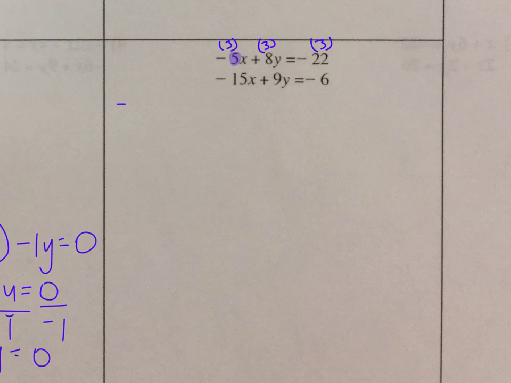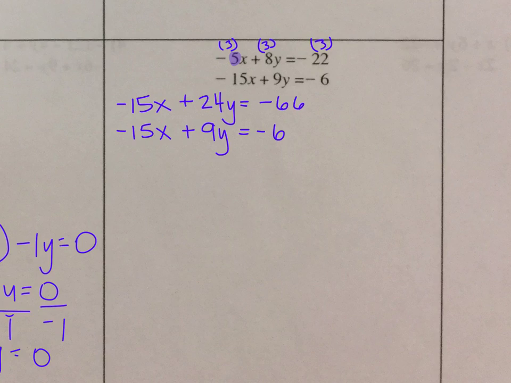So my new problem is negative 15x, 3 times 8 is 24y. Negative 22 times 3 is negative 66. I'm just going to copy my bottom problem. Now, up here in the very front, I have negative 15 minus 15.